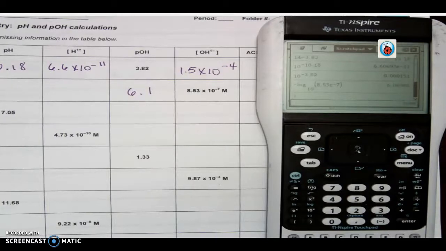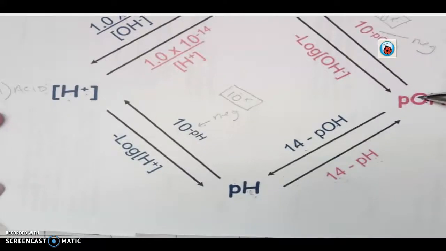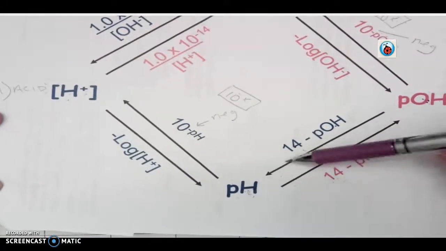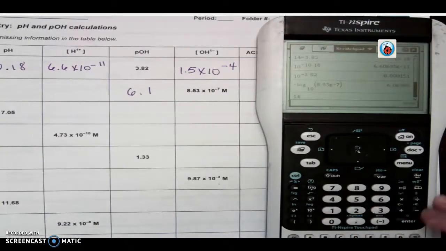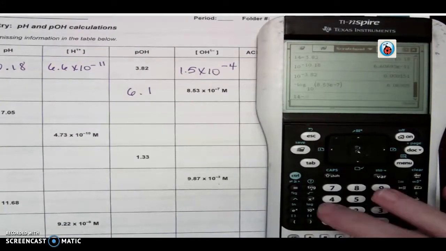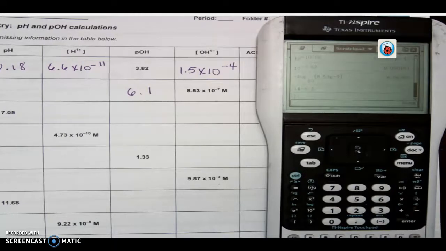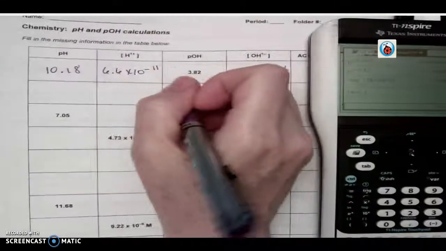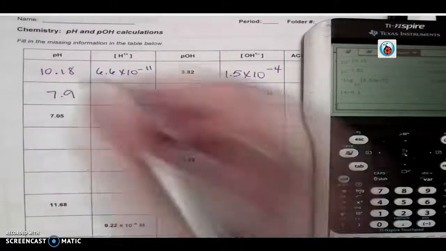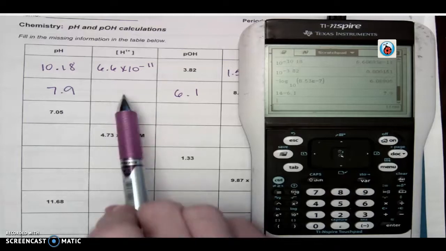Okay, and then now I know my pOH, so I want to know my pH. So again, 14 subtract pOH. So 14 minus 6.1. What do I get? I get 7.9. Move over here. I get 7.9. And now what am I going to do to get here?